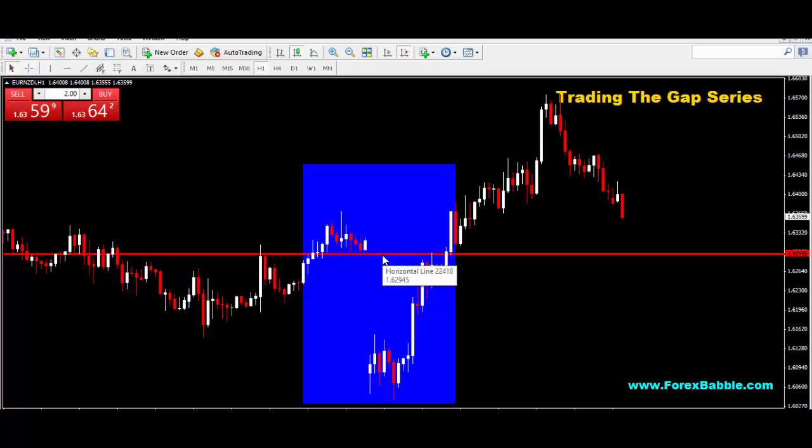It's either going to touch this area, close the gap, and go back down, or it's going to come up and stall, just like it did before the gap took place. It's sort of like a mirror, a reflection. It stalled, and then it burst through and kept going. So that's something to keep in mind.